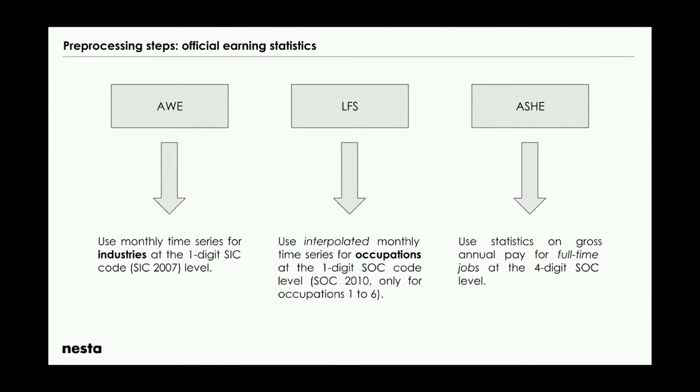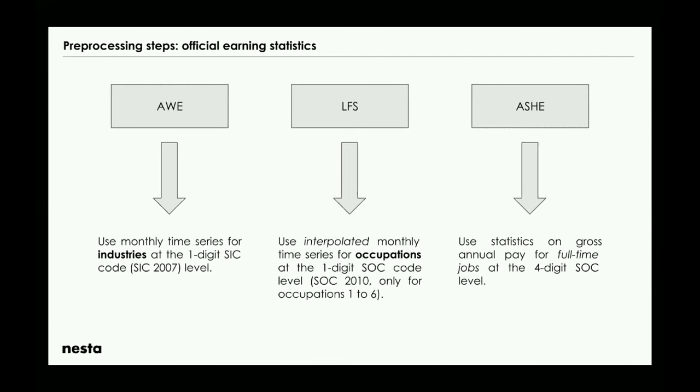We use the Annual Survey of Hours and Earnings to do a slightly different piece of analysis to assess how comparable the two data sets are, official statistics and job adverts, and we use this survey because it is considered to be the UK's most reliable and detailed source of information on earnings.